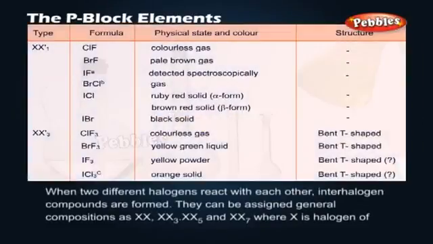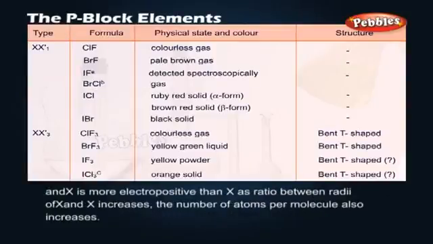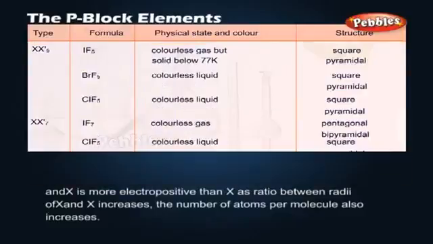Interhalogen compounds. When two different halogens react with each other, interhalogen compounds are formed. They can be assigned general compositions as XX', XX'3, XX'5, and XX'7, where X is halogen of larger size and X' of smaller size, and X is more electropositive than X'.